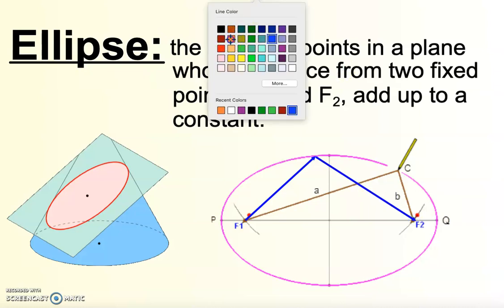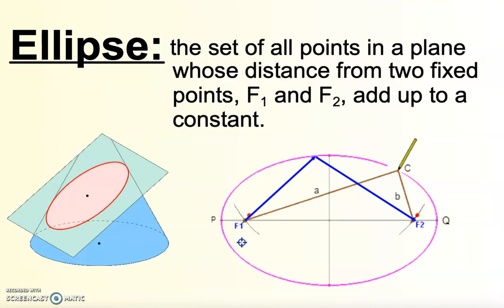Anytime. So anytime you leave one of the foci and you shoot a particle off, it's going to hit the wall of the ellipse and bounce directly to the other focus.